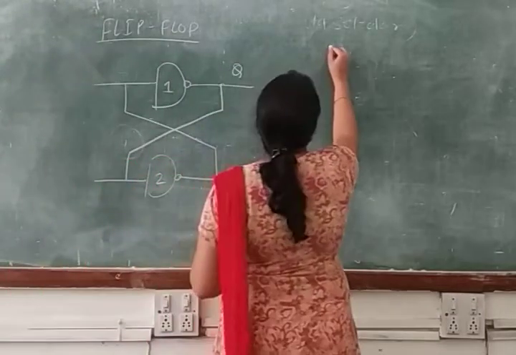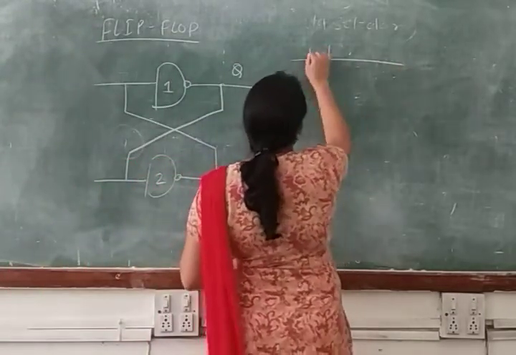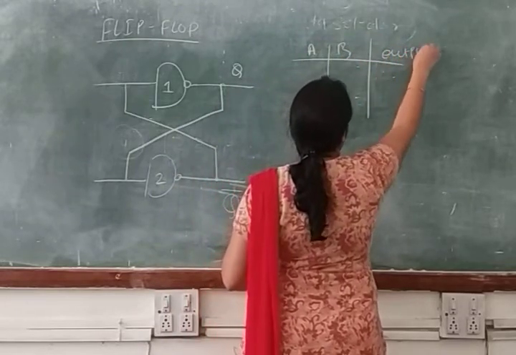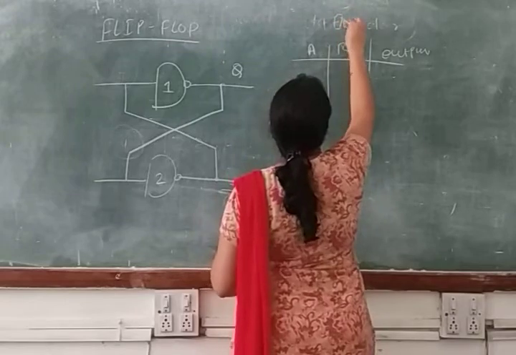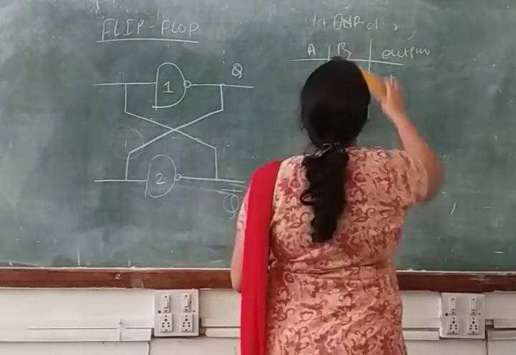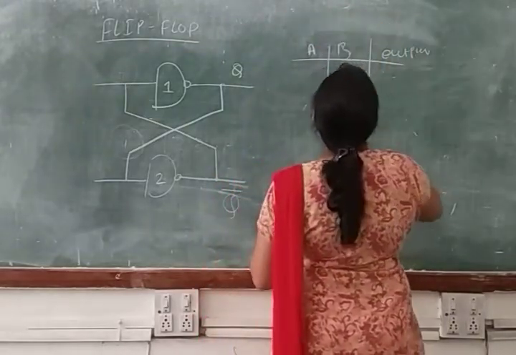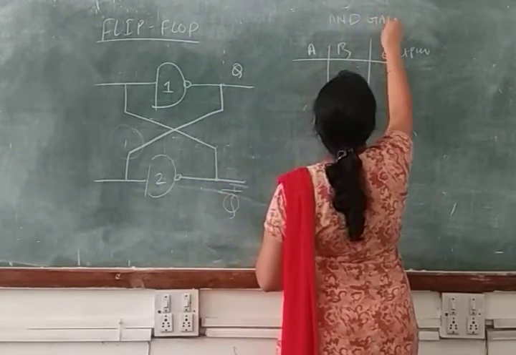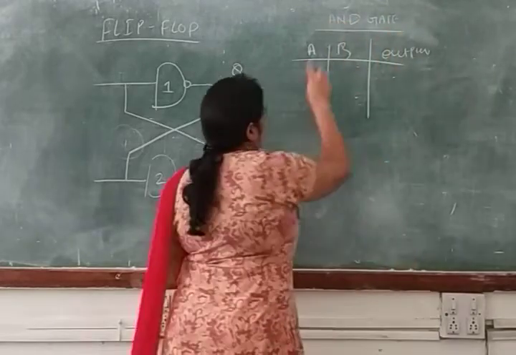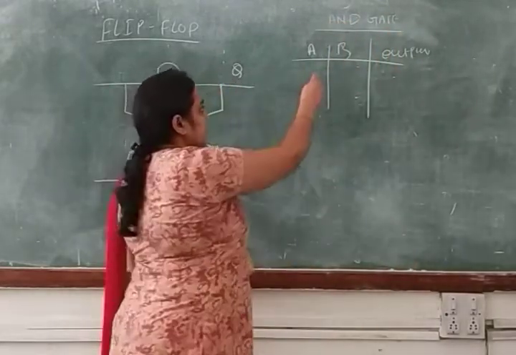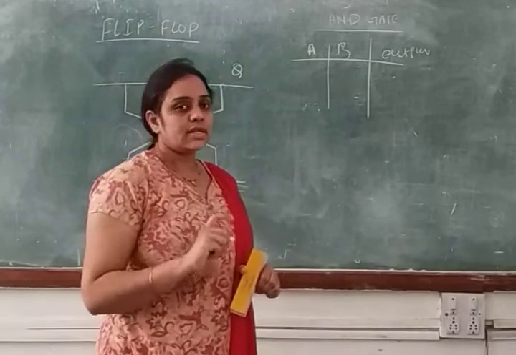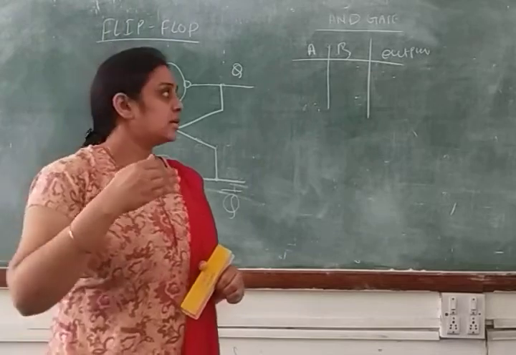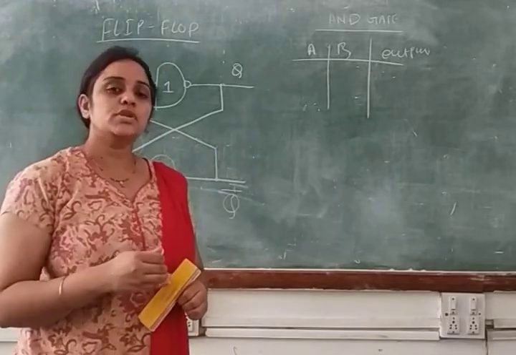So here I am making a table for the AND gate. In the AND gate table you have 2 input symbols, capital A and capital B. If you have 2 input symbols, how many combinations will you get?